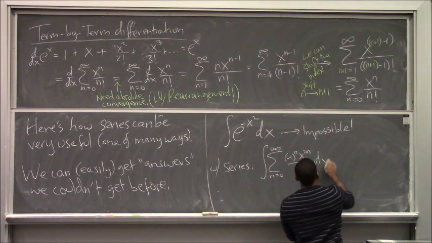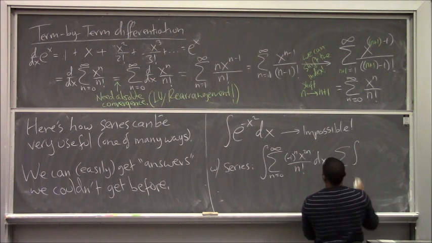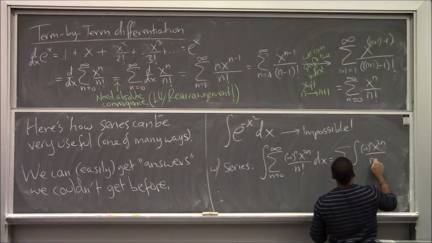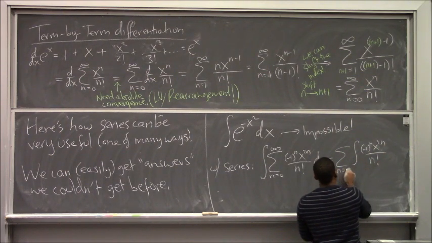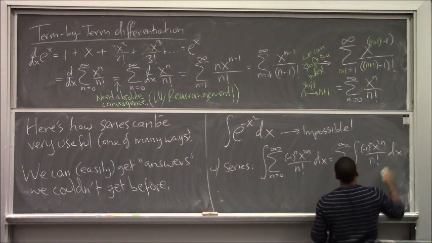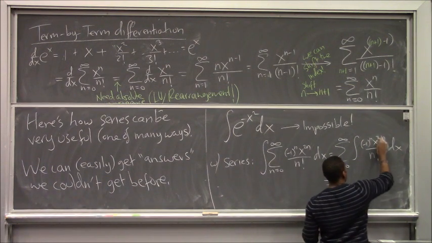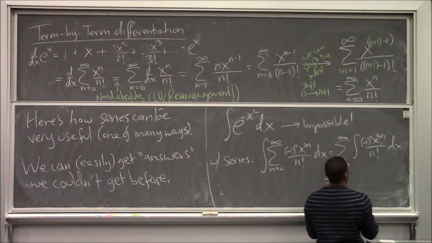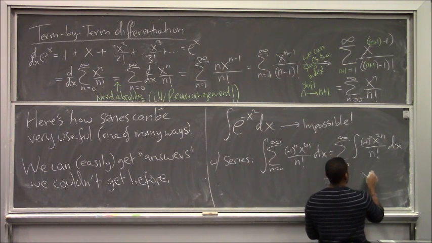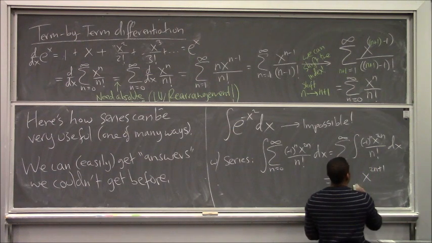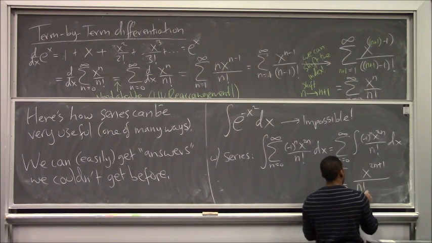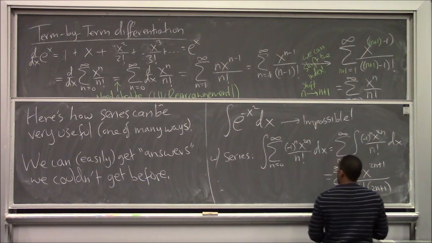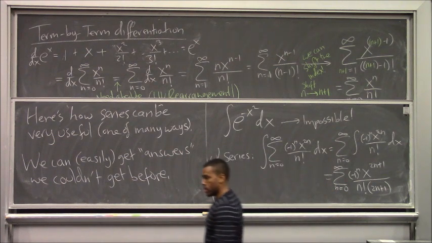I have absolute convergence, so I can switch the integral and the summation sign. Then I can just do the power rule. So this just becomes, I want to integrate, so I'm going to add 1 to the power and divide by the new power. And that is the integral of e to the minus x squared.